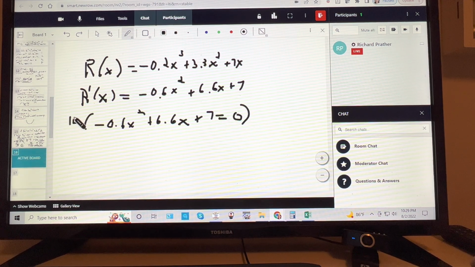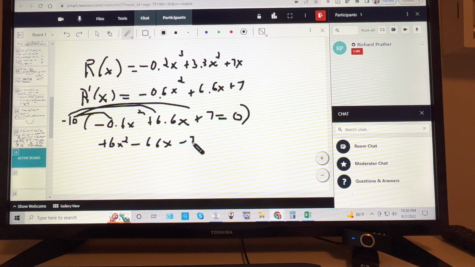So negative 6x squared, or we can even do negative 10, so this comes out to be positive, and then negative 66x and negative 70. Anything times 0 is 0, so that doesn't change. These definitely all divide by 2, so 3x squared minus 33x minus 35.